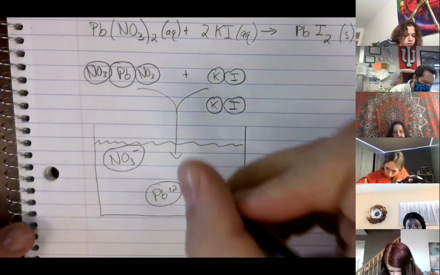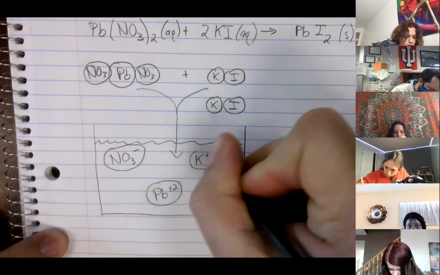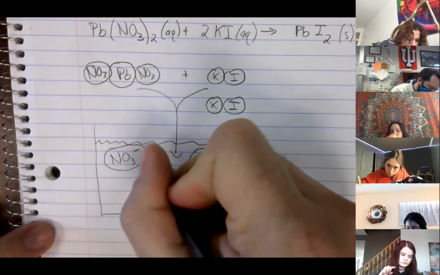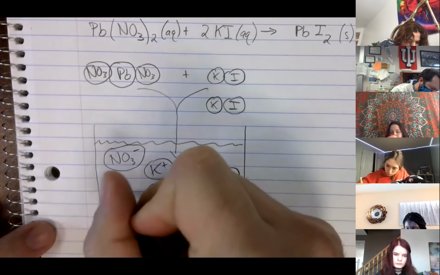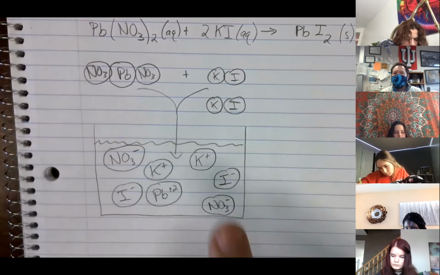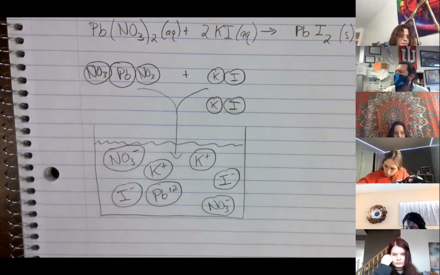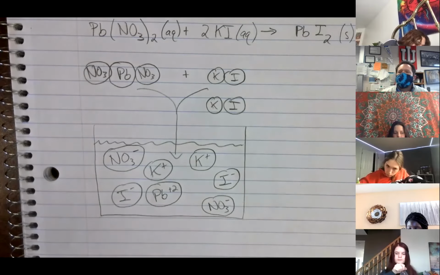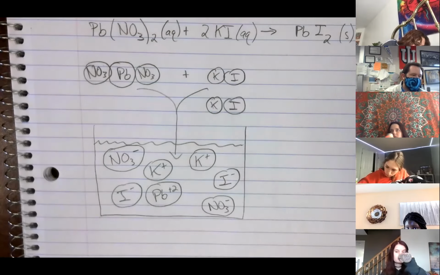Then I also had a potassium ion and an iodide ion, and another potassium ion, another iodide ion. When I added water, they all broke up and started floating around. That's what dissolved means. That's what aqueous means.